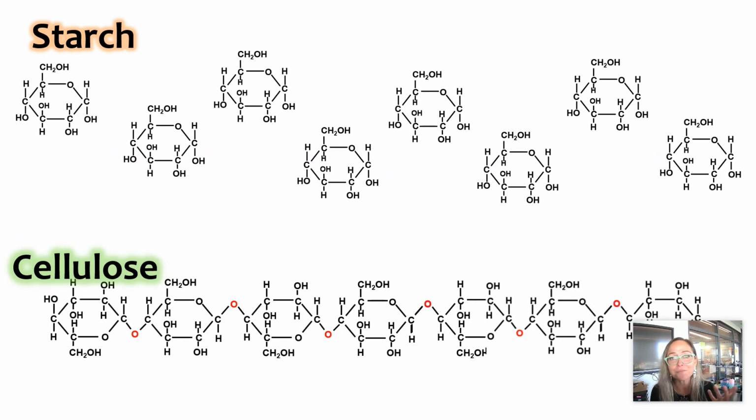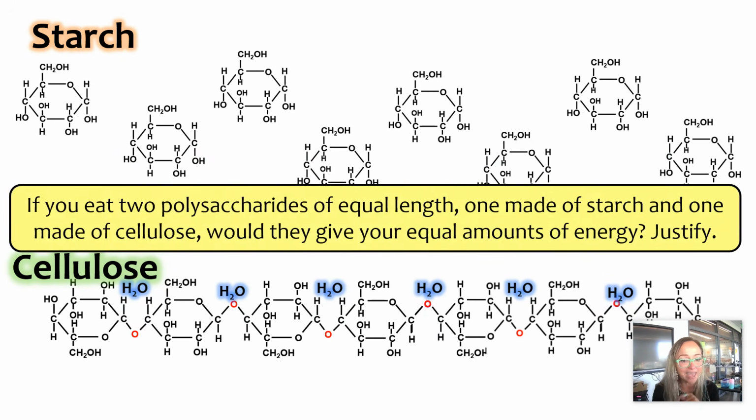However, if I have bell peppers or a salad or some broccoli that has cell walls, I am unable to hydrolyze the bonds between the glucose monomers within cellulose. So cellulose is not a good source of energy.